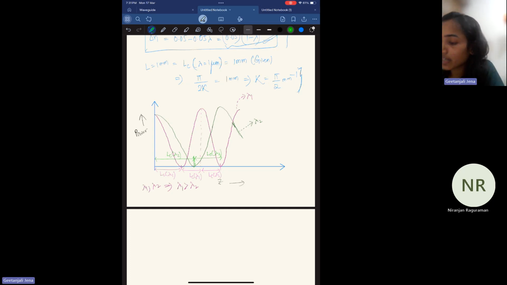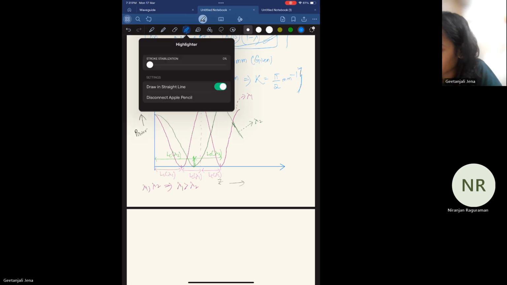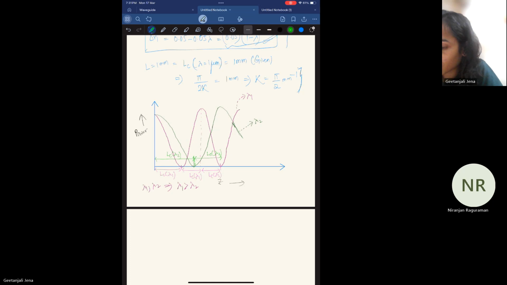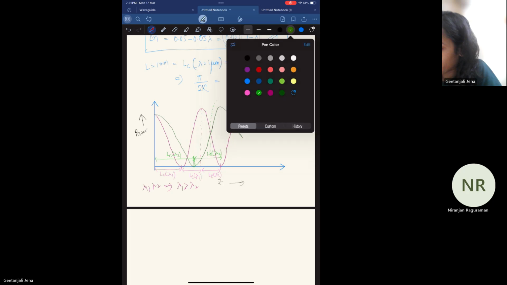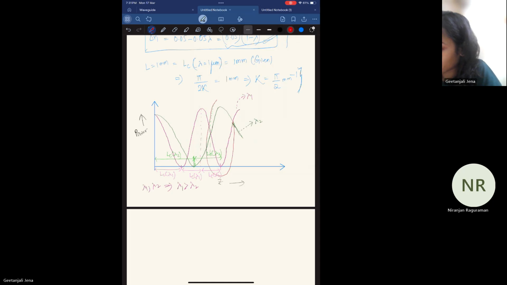Right? So if you look at this region, you can clearly see that here we have maximum power for lambda 2 in one port, and in that port the power of the other wavelength is 0.